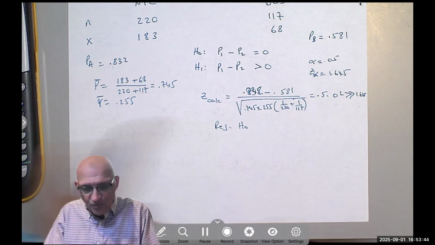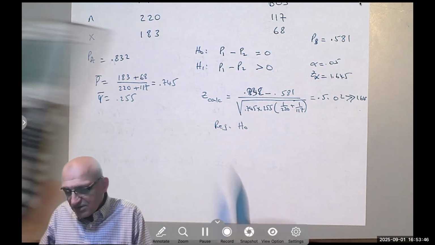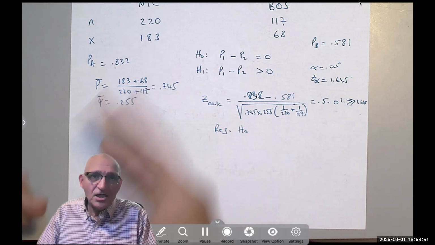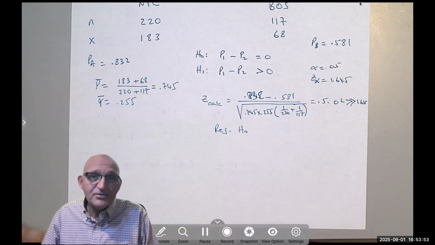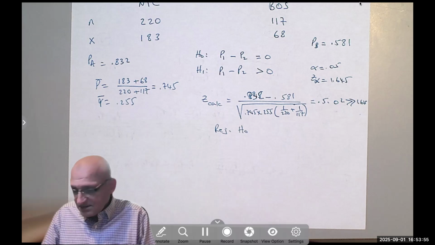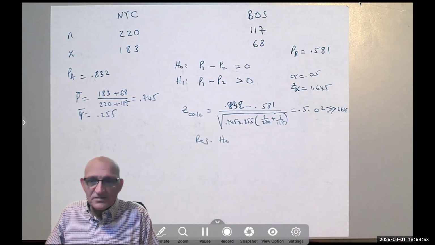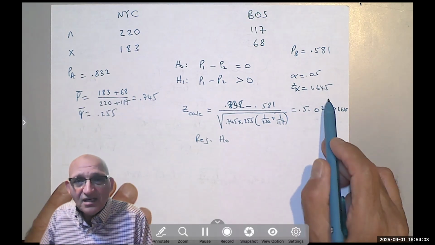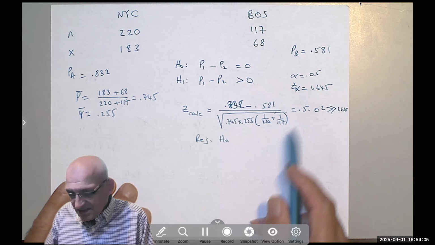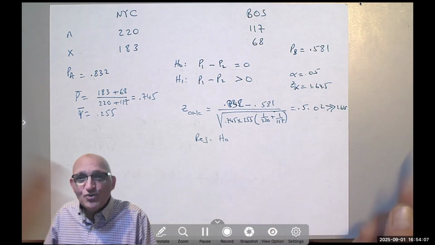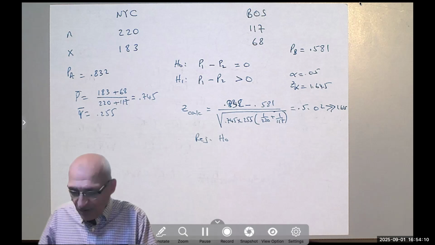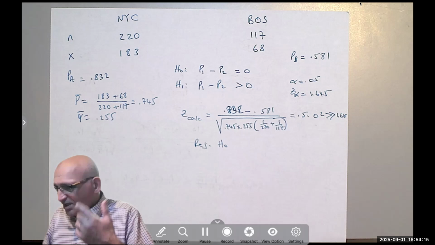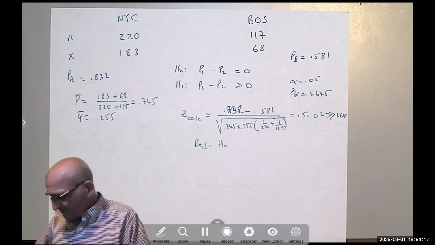Or, as I said, using the calculator, we say the percentage of people in Boston wearing seat belts is much less than that of New York City at 95% confidence, at alpha equals 0.05. Even if I make it 0.01, the critical value would be around 2 or something. So 5.02 is way higher. And we could see that from the numbers, right? We didn't even need a test for that.